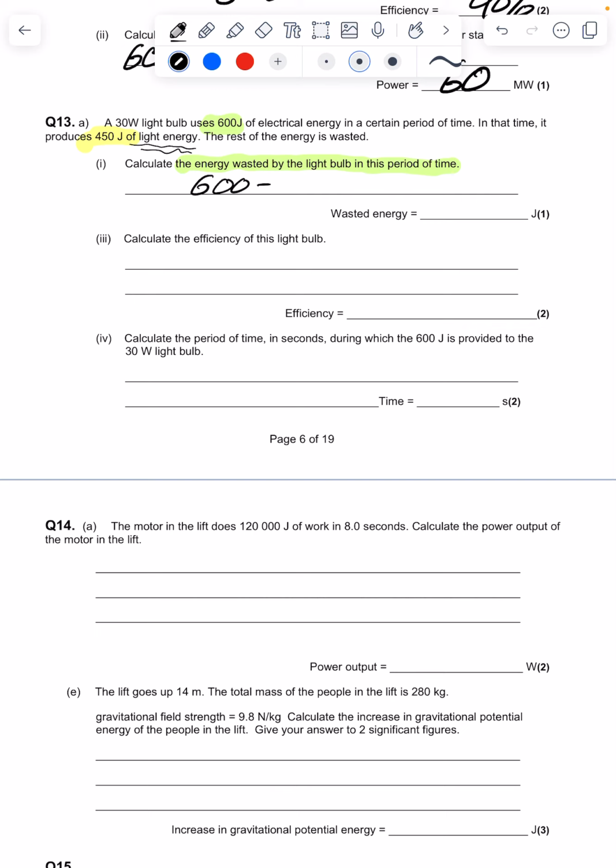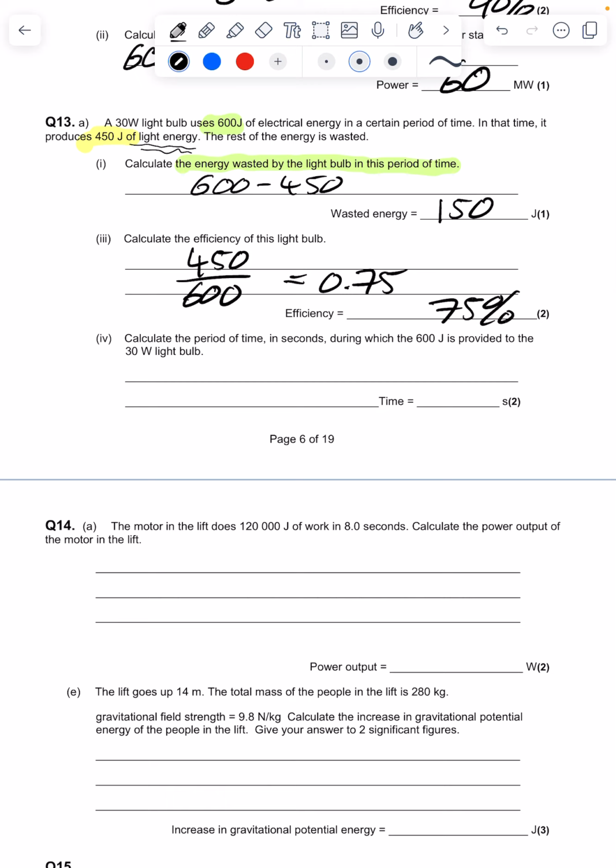But we've got 600, take away 450, and so our wasted energy is going to be 150 joules. And then we want to calculate the efficiency, so that's going to be 450 divided by 600, 0.75 or 75%, just like the other ones that we've just done.